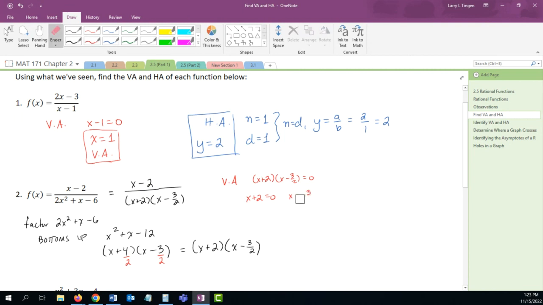X plus 2 equals 0, or x minus 3 over 2 equals 0. So I've got x is negative 2, and I've got x is 3/2. These are both vertical asymptotes for this problem. Okay. How about the horizontal asymptote?